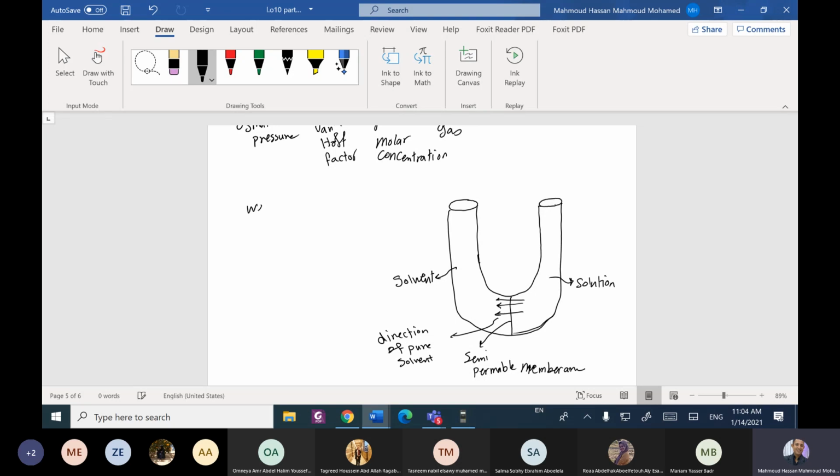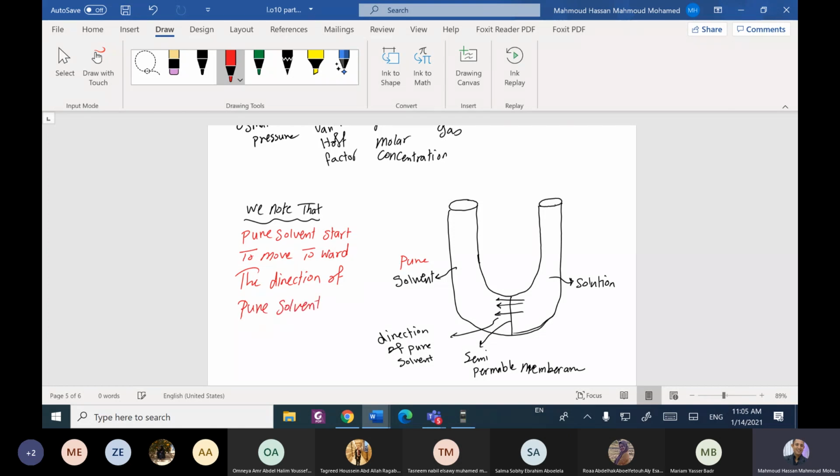We note that the pure solvent starts to move toward the solution, passing through the membrane, and does not return back.